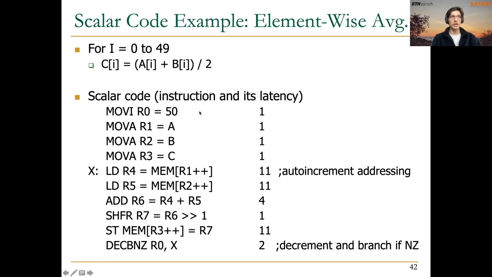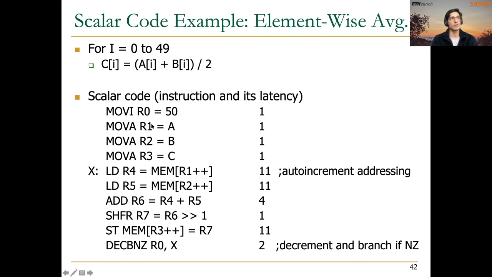The first thing is to analyze the scalar code, that is, let's say, the assembly code that we would run on a sequential machine. Notice that the first thing is to load 50 into some register that we are going to decrement cycle after cycle until we have gone through the whole array.